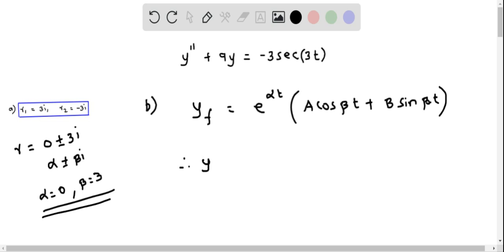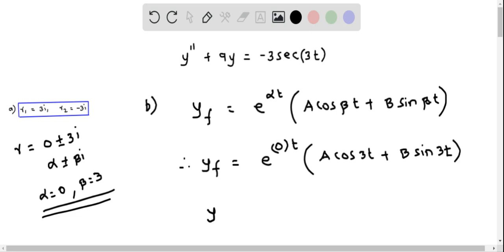Therefore, the fundamental solution to the homogeneous differential equation yf equals e raised to the power of alpha t, which is 0t, times a cosine, replacing beta by 3, so it is cosine 3t, plus b sine 3t.